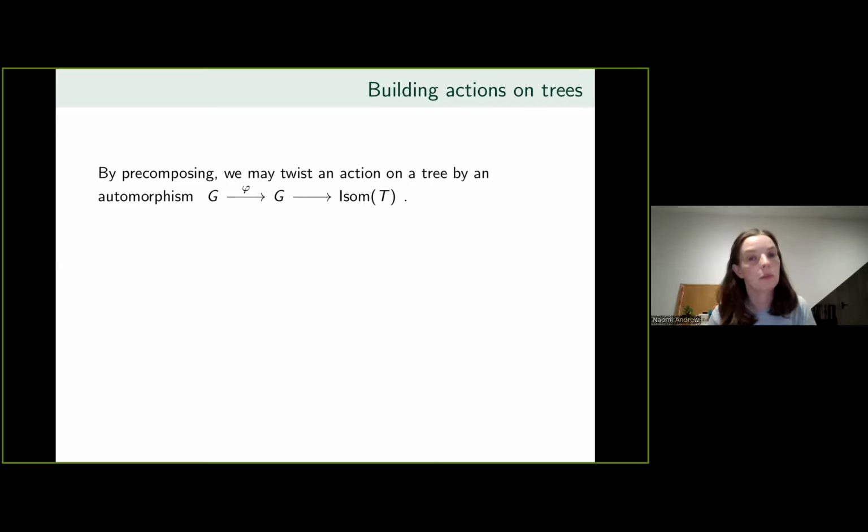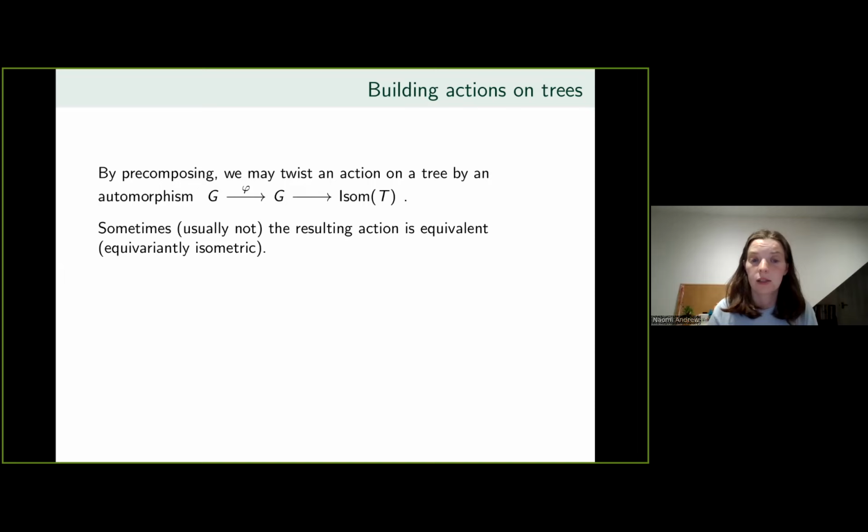In this case, a tree by isometries with the path metric. So I do my automorphism, then I do whatever homomorphism I first thought of. I came up with another one. Sometimes, not usually, but sometimes, the resulting action is equivalent to the one that you first thought of. The right definition of equivalent here is equivariantly isometric.